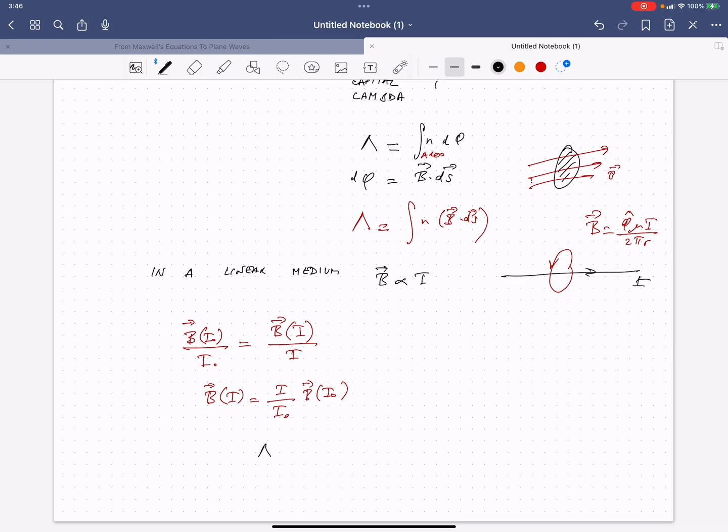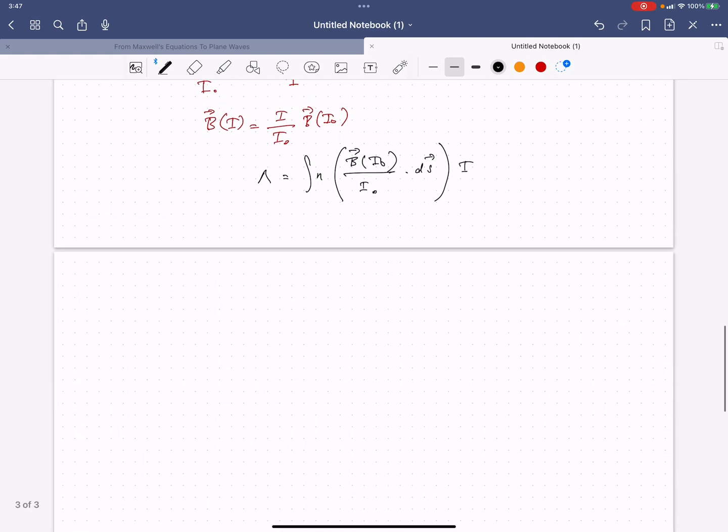this flux linkage equation, that is equal to the integral of n dot the magnetic field at this calibrated value over I0, dot ds, the whole thing times I, and this is equal to I times the integral of the area in B I0 over I0 dot ds.